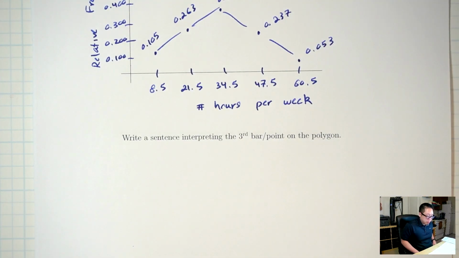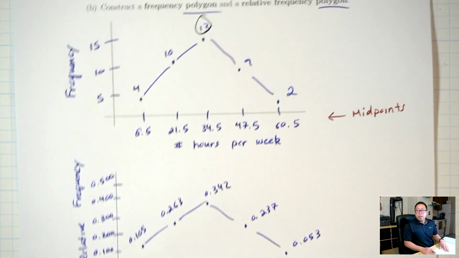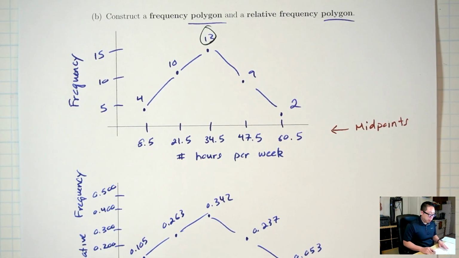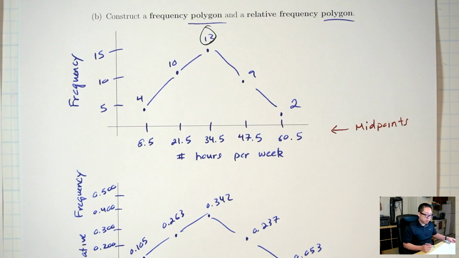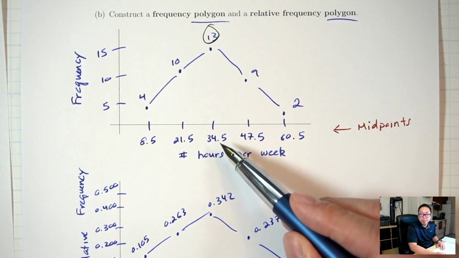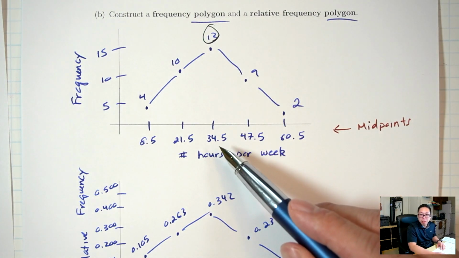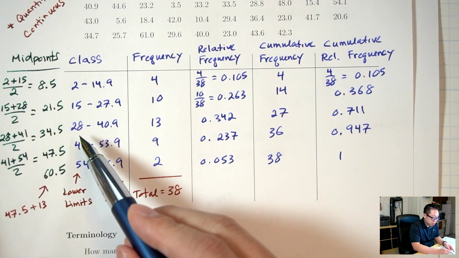Last part, write a sentence interpreting the third point on the polygon. So this is this 13 here. So the 13, I recommend interpreting it by using the table, okay? Because if you just look at the graph, it looks like this 13 is 34.5. So it doesn't mean that there's 13 students who spend 34.5 hours studying, because really the 13 represents 28 to 40.9.